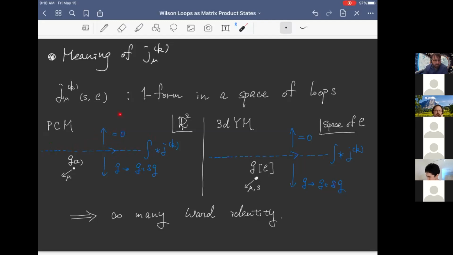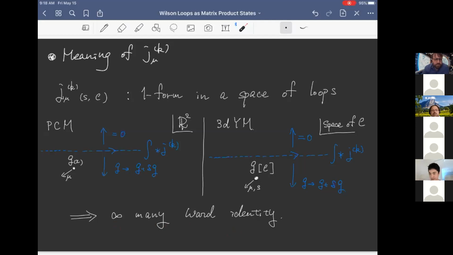If you move upwards, because you are not inserting anything on the upper half plane, you can shrink this contour and you just get 0. On the other hand, if you move downwards, then this integral acts on G of X and changes it slightly. And by doing this, you can write down infinitely many Ward identities.